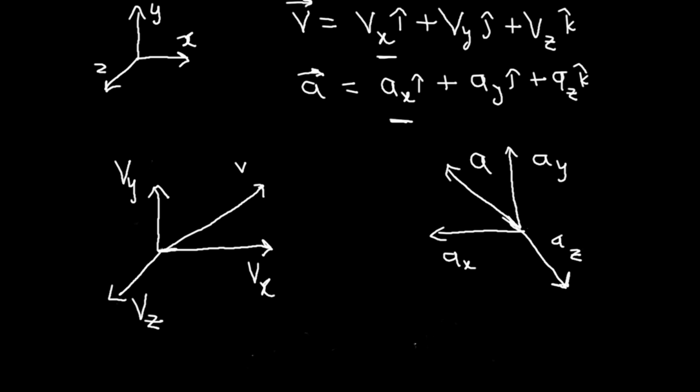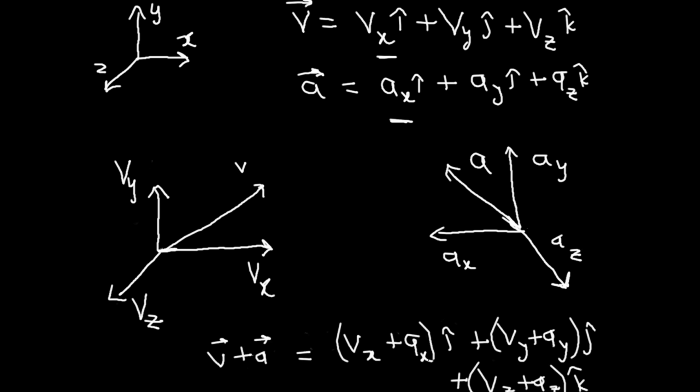In this case, we know that vx and ax are in opposite directions, so if we add them, they cancel out and some portion will be left. So one of them will always be negative. So we add vx plus ax i cap, plus vy plus ay j cap, plus vz plus az k cap. This is why we are using these notations, and these notations are very useful for vector addition.